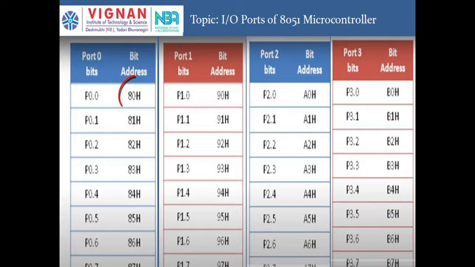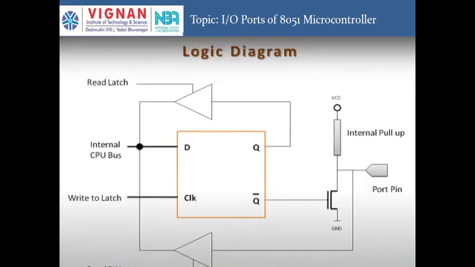Now, let us try to understand these ports in more detail by looking at the logic diagram of a port. Each port and each pin has its internal devices. So each port pin has internally this logic diagram. Each and every pin has these internal components.